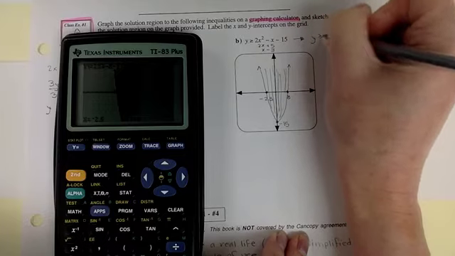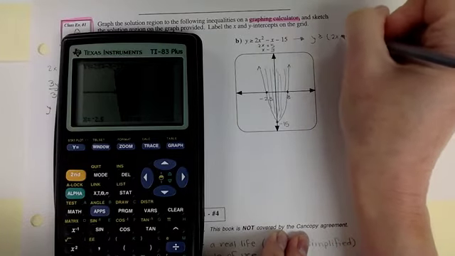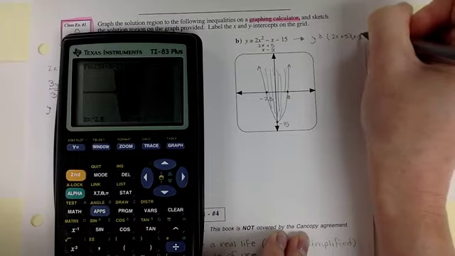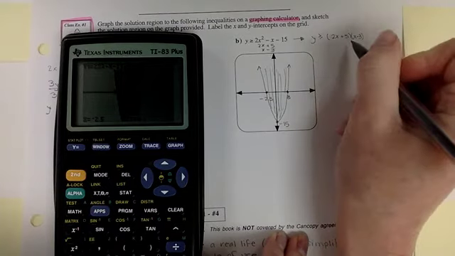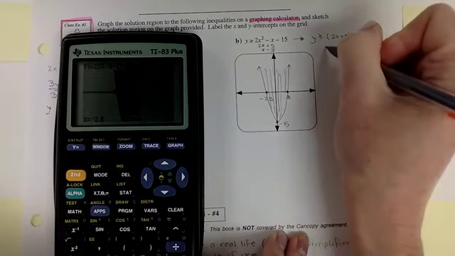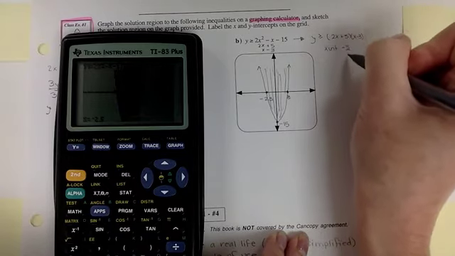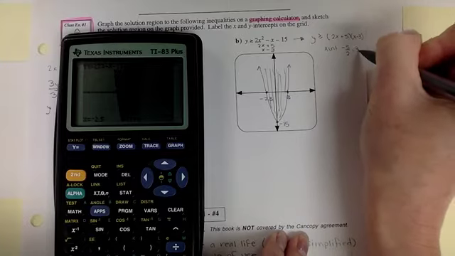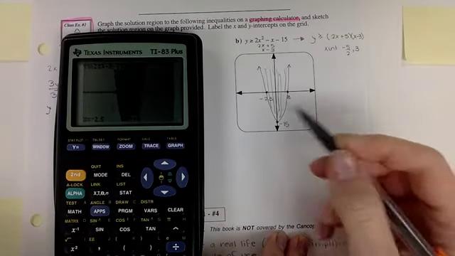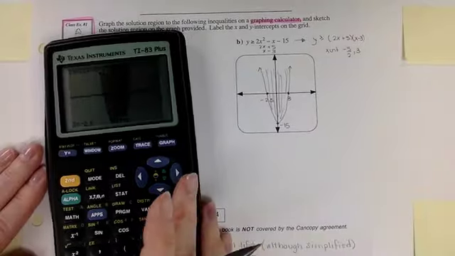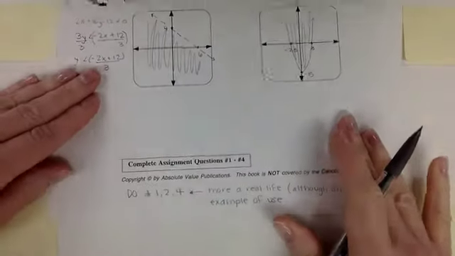So y has to be greater than or equal to 2x plus 5 and x minus 3, and then I know my x-intercepts are going to be negative 5/2, which we figured, and 3. And I know it's got to be greater than that, so it will be in between. Isn't that fun? You can make fun things on your calculator now.